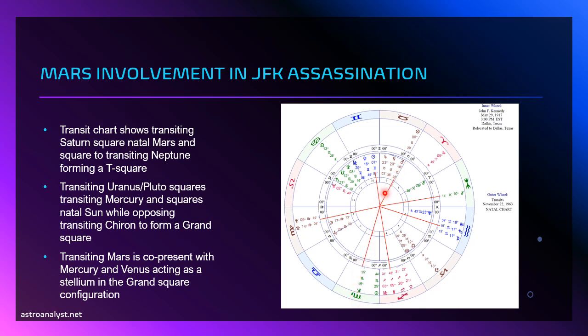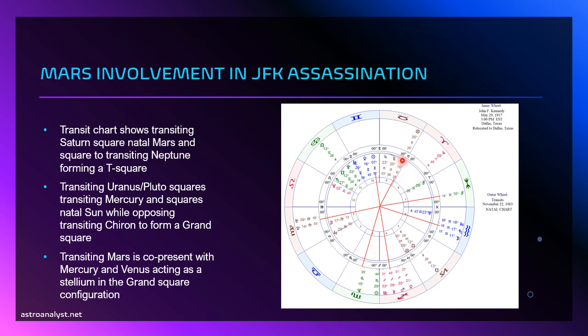So what it forms is a T-square. It doesn't look totally square here because of the planet positions in the house cusps as they're drawn up. But you have this opposition of natal Mars and transiting Neptune with transiting Saturn at the apex of this T-square. That's a lot of energy.